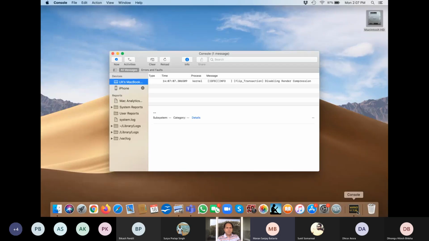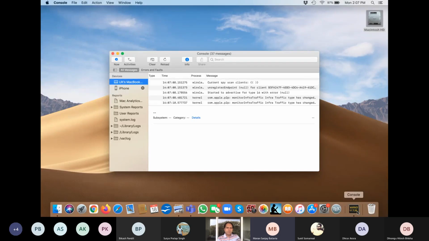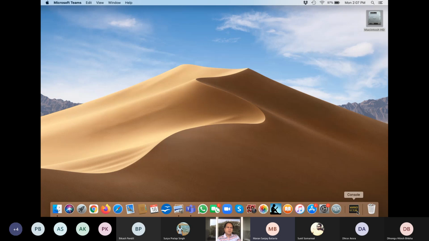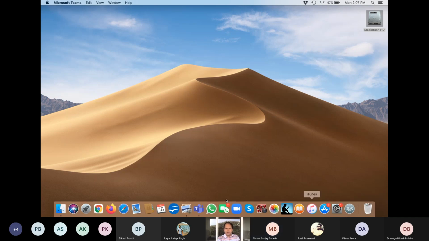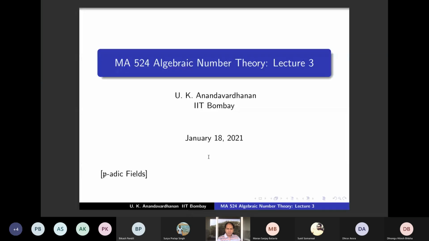But if you present only the window, even if you go to another application, we can only see the slides. That's all. I thought maybe if I present using the window, I can also see the participants. But anyway, this is okay. Now you can see the slide, right? Yes.